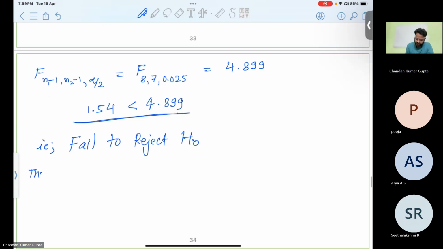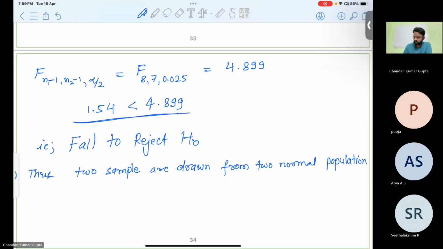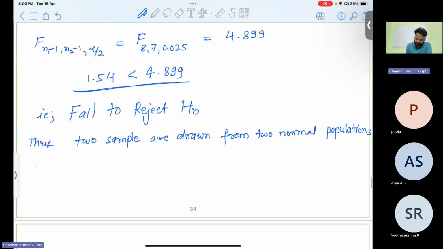Thus we claim that the two samples are drawn from two normal populations with the same variance.